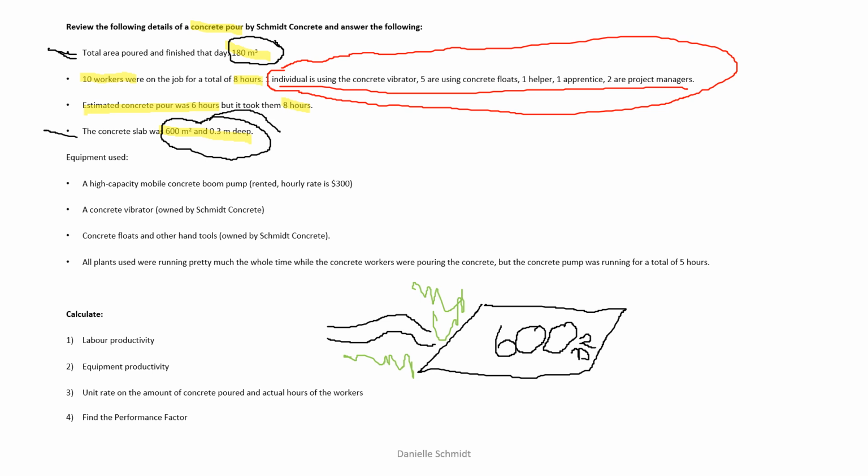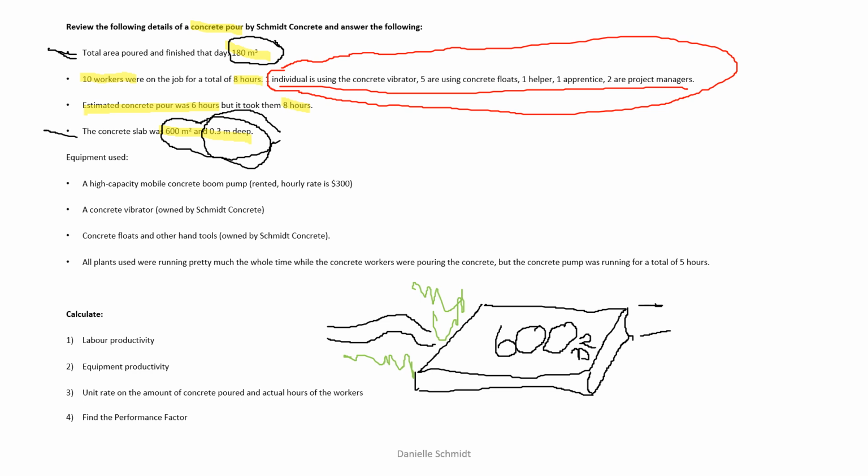Now, the 0.3 metre deep is then obviously when you're pouring concrete, it's not just flat with no depth to it. So we are going to add in, and again, please excuse my dodgy sketching here, and this is obviously not to scale, the depth of that slab.